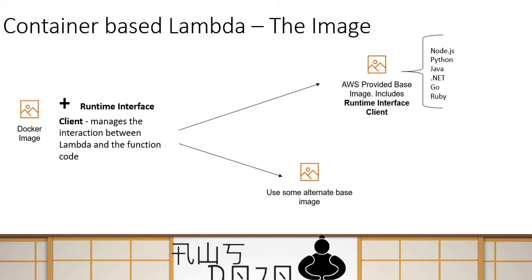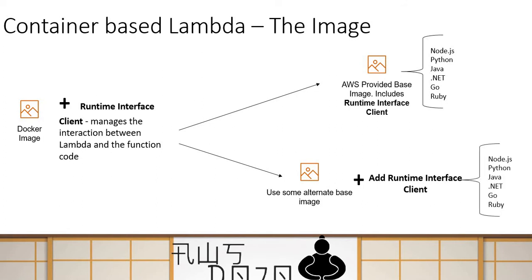But if you don't want to do that, you can use some alternate base image as well. You can use any alternate base image, but in that case, you have to add the runtime interface client. So when you're adding your customized packages to your base image before you create the final image, you also add a runtime interface client into this base image. You bake this interface into the base image.